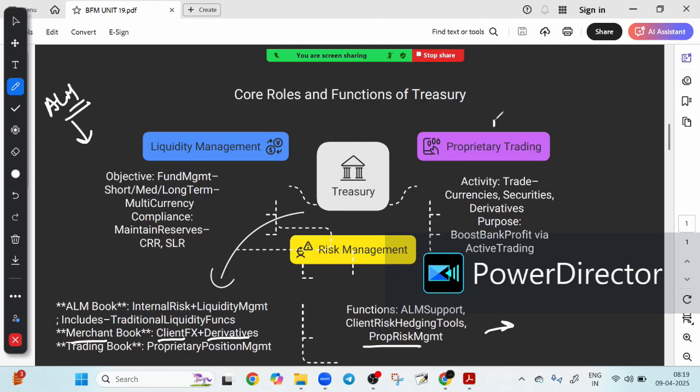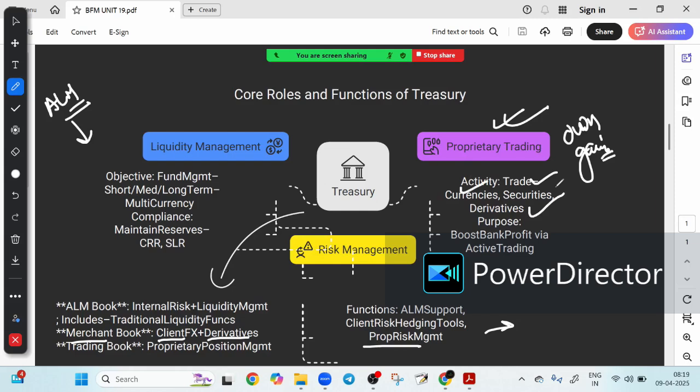And if you look at proprietary trading, what is the meaning of proprietary trading? Beyond customer transactions, the bank can trade for its own gain. So the treasury actively engages in trading currencies, securities and derivatives. Currency, security, derivative, all these are actively traded by the treasury.